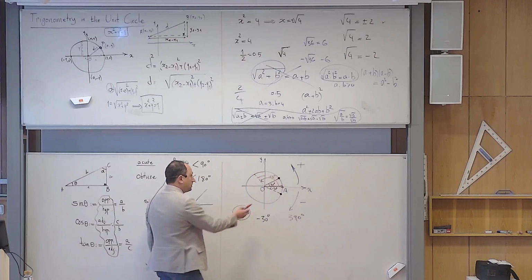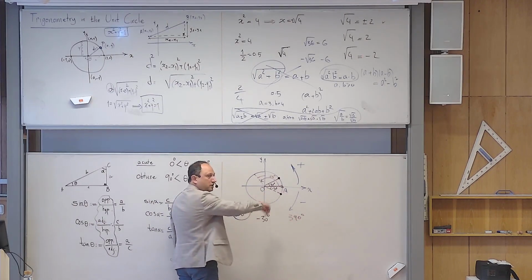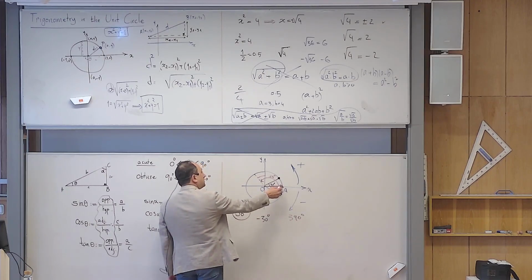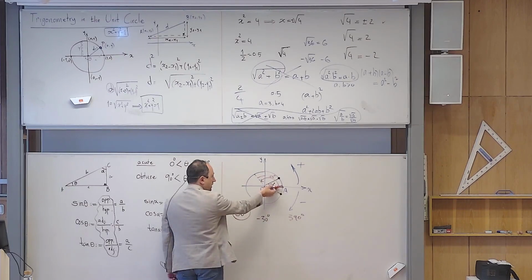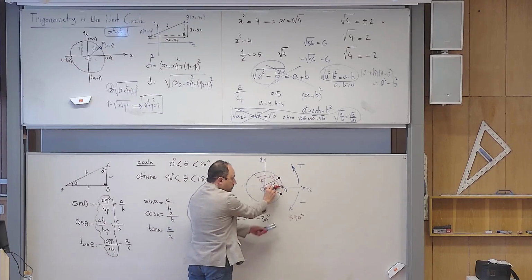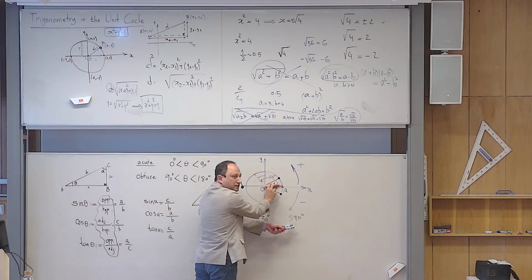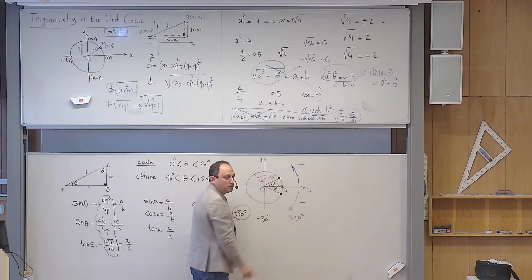So you see here, I start from here. 390 degrees is more than 360 degrees. So if I go one full round, how much do I cover? 360. I start from here, I go one full round, I stop here, but it's not finished. I have to go how much more? 30 degrees more. If I go 30 degrees more, I will end up exactly at the same point.